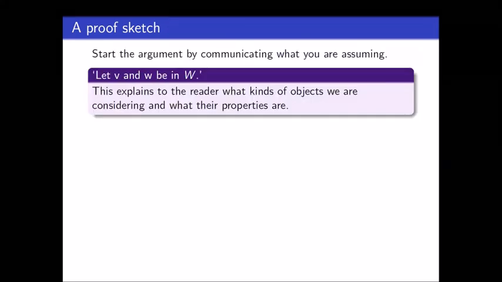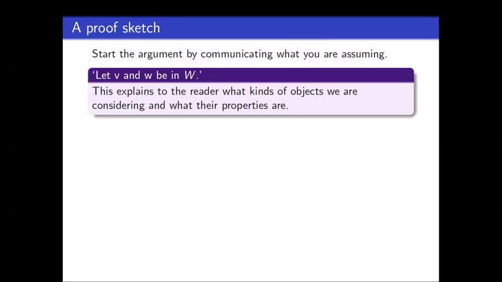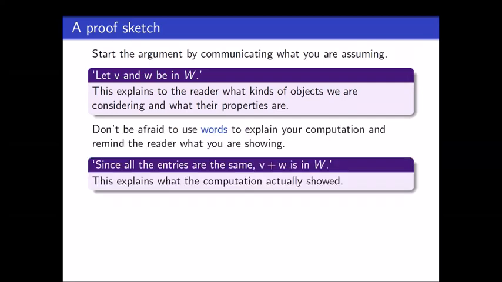So let's look at a sketch of a proof, at least for showing that something is a subspace. We're always going to start by communicating what we are assuming: let v and w be in my subset W. Then you're going to explain what you're doing so that the reader understands what is actually happening.